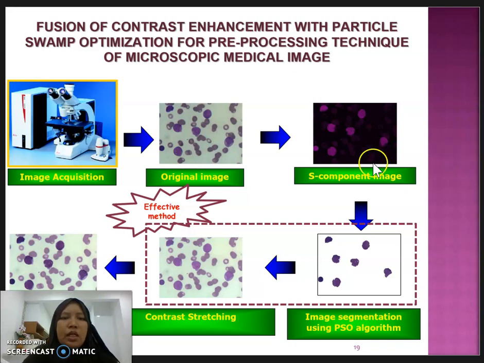The S component has been chosen because it shows the best result for segmentation compared with the hue and intensity components, where the nucleus part in the acute leukemia cell image can be clearly seen.